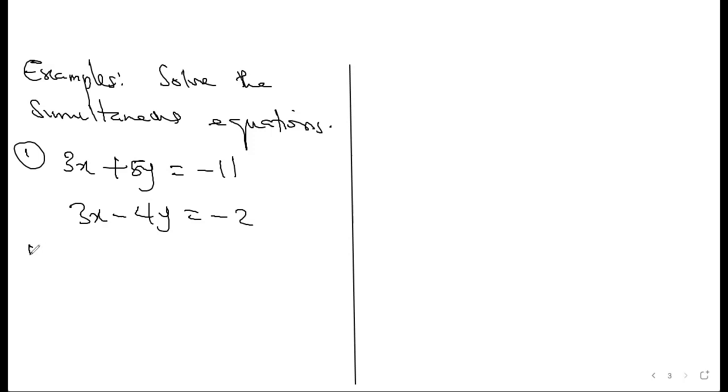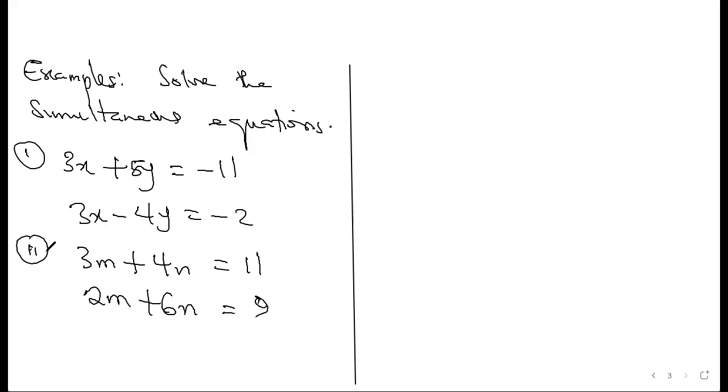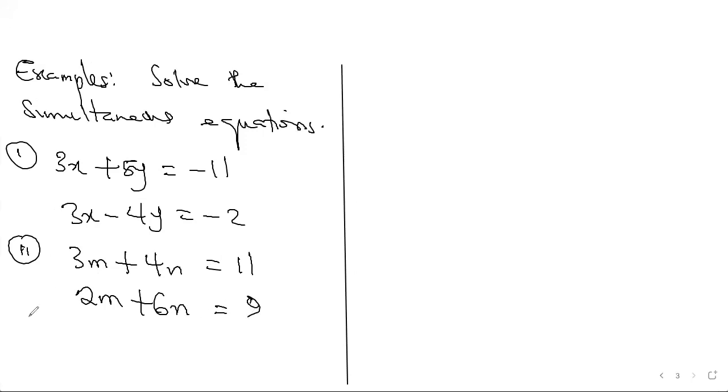Then the second one, you have 3m plus 4n equals 11, 2m plus 6n equals 9. And the third one is 10x minus 3y equals minus 14, 4x minus 5y equals minus 17.